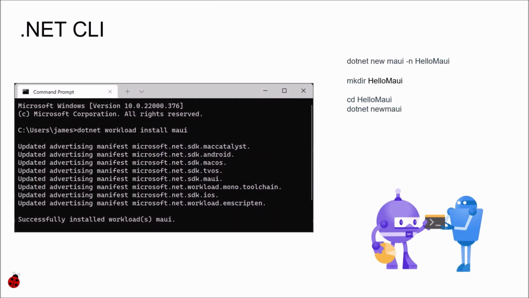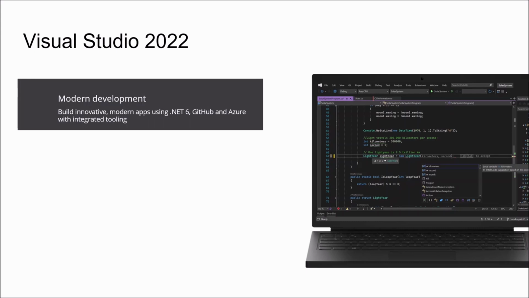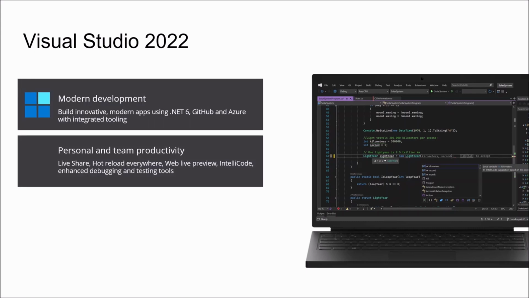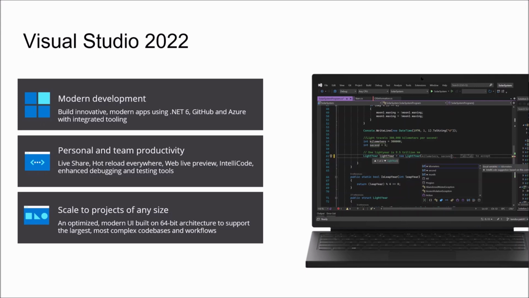Also from here, with just a few commands, you can create your .NET MAUI application. For today, and for the demo, we'll be using Visual Studio 2022, the latest version. So we'll have modern development. Visual Studio is also intended for personal and team productivity for all kinds of products.